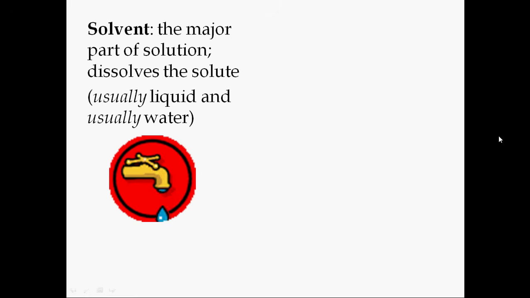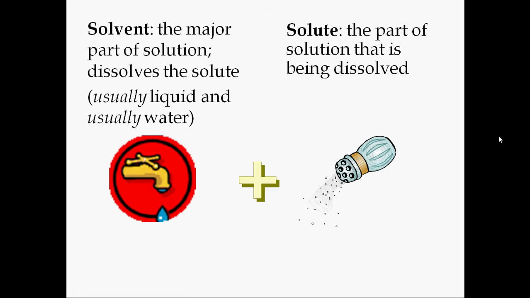A lot of the solvents that we see for these solutions will be water, liquid water. Okay. The other main part is the solute. That's usually the lesser substance, and that's what's being dissolved into the solvent.